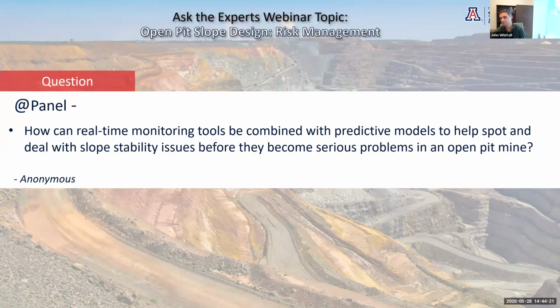The chain of events would be completely different for a brittle failure than a ductile one, and we were able to use those tools to characterize that. And then with the response that we saw in the monitoring to digging in various places, we were able to forecast forward when we would be in certain TARP levels, so how much cost there would be for various options and how much downtime. So the real-time monitoring was an excellent predictive tool in more than just a slope stability way, but also for downtime and cost.